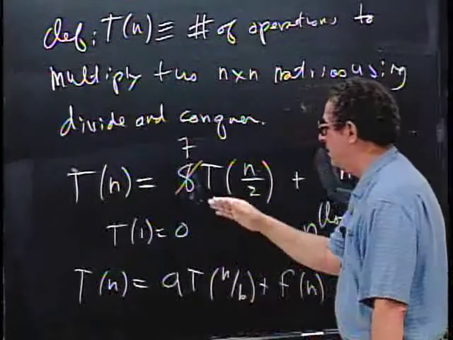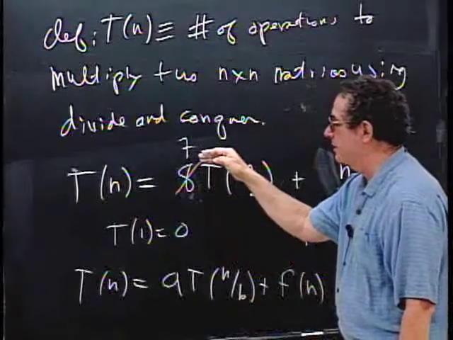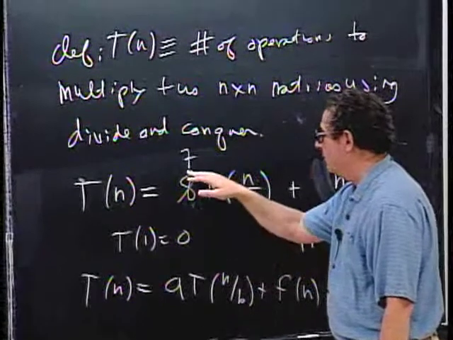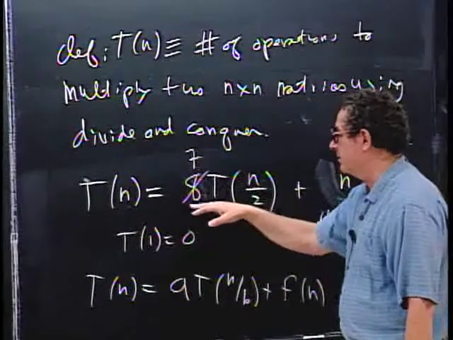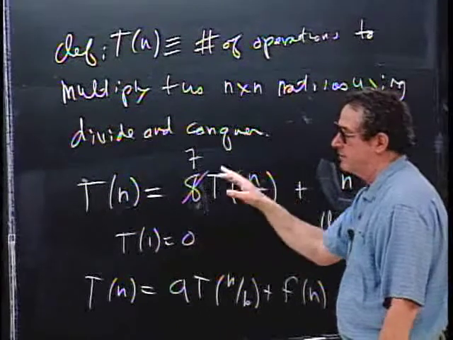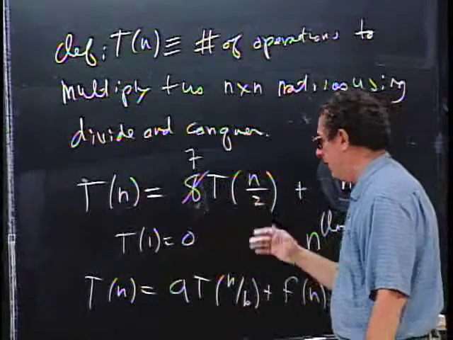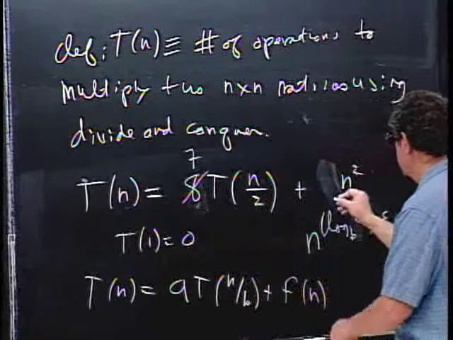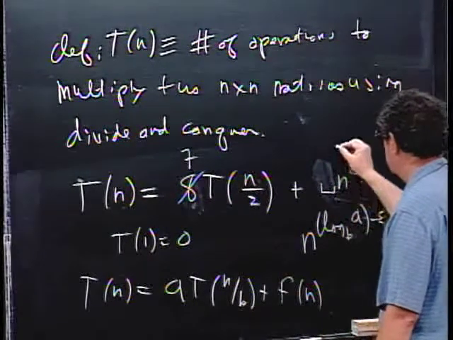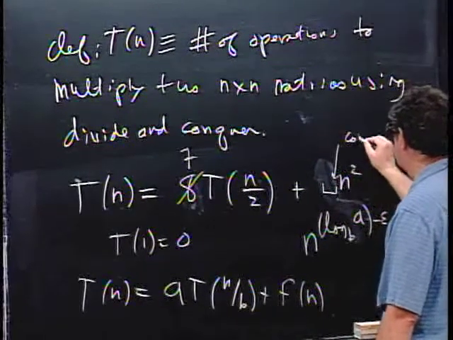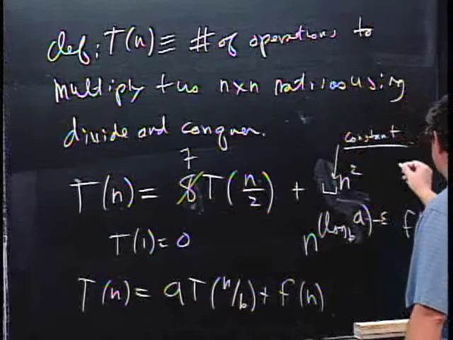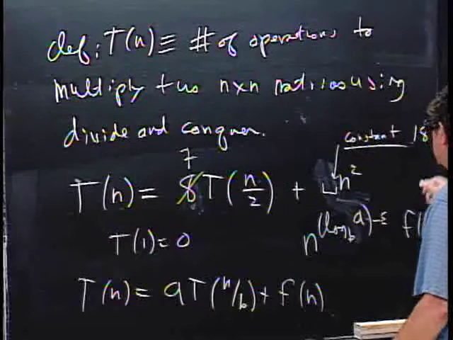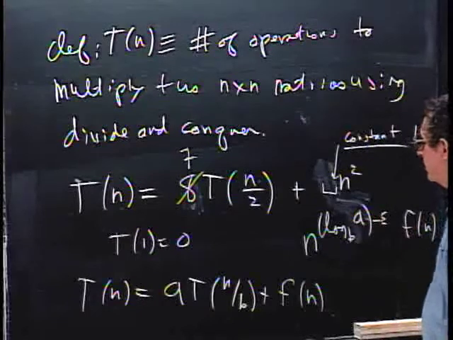So we want a method which will only use 7 multiplications instead of 8 in this portion of the recursion. And here, it's not going to matter what this constant is. It'll turn out that the constant is going to be 18 in the method that I'll show you, but it won't matter.